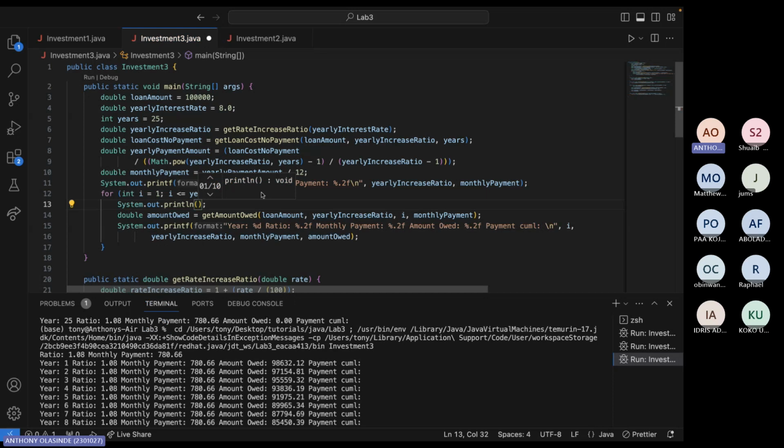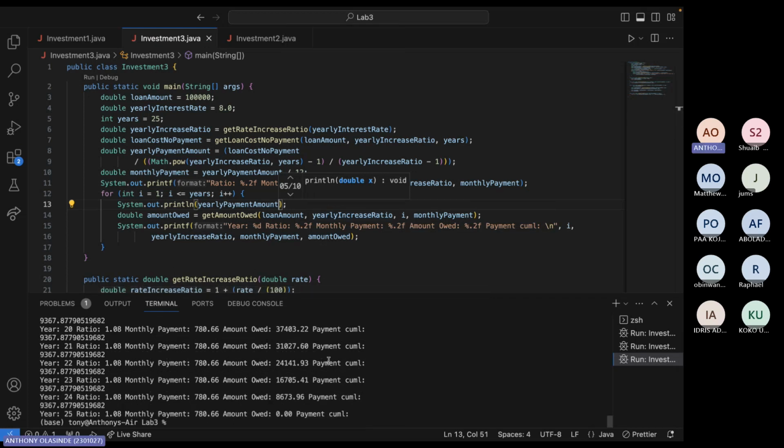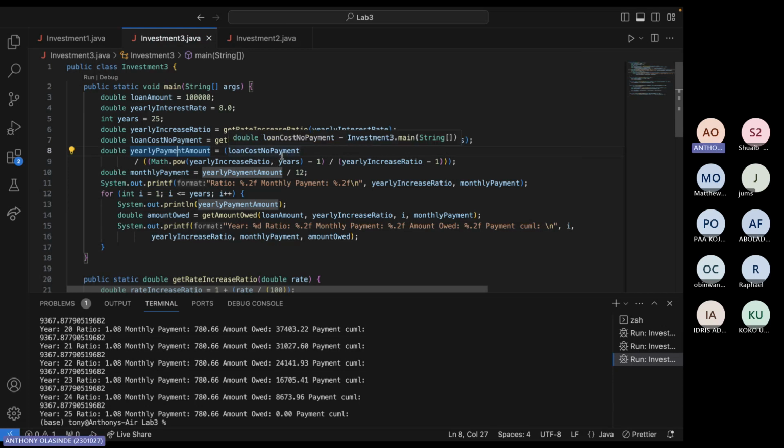Sometimes this takes going back and forth to figure out what the value is. So I need the yearly payment amount. Let me see what that is. No, it's just one. So instead of doing this, I can do it for each year separately. I collect years.